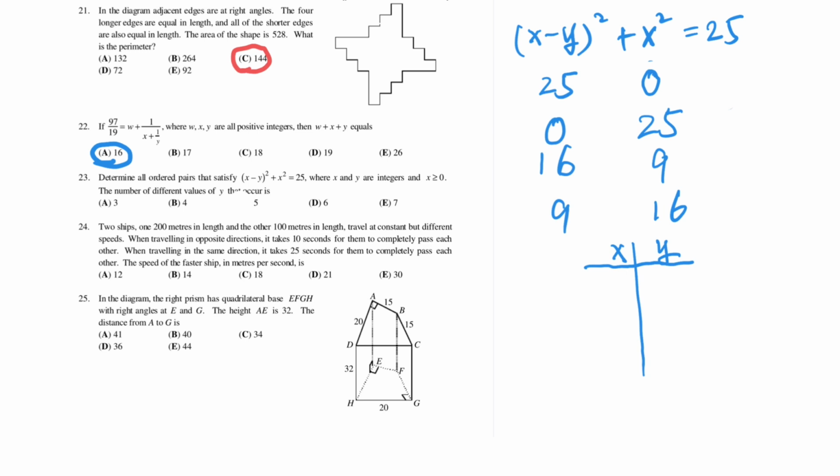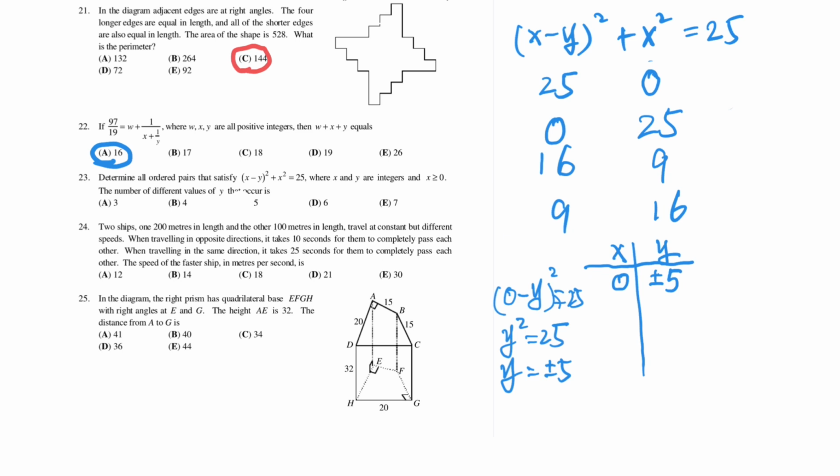The first case is x equals 0. That means 0 minus y, squared, equals 25. That means y squared equals 25 and y equals positive or negative 5. So in the first case, x equals 0, y equals positive or negative 5.